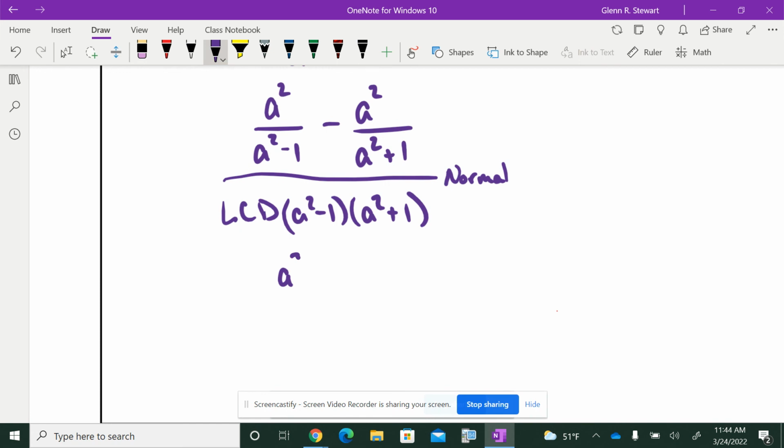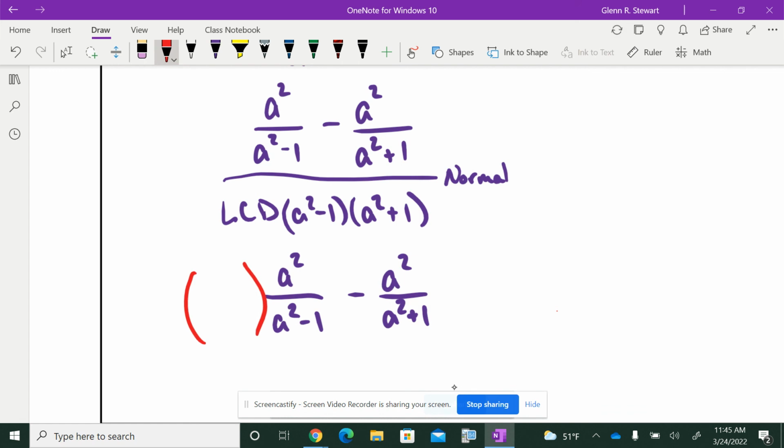So now I have A squared over A squared minus 1 minus A squared over A squared plus 1. And I want to multiply each side by what I'm missing. So A squared plus 1, A squared plus 1, and A squared minus 1, and A squared minus 1.